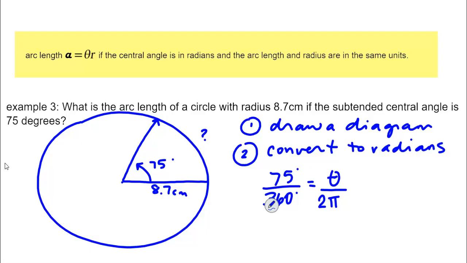When I cross multiply here, I will get 150 pi over 360, which is equal to the angle. And if I reduce that, I would get 5 pi over 12 is the measure of the central angle in radians.